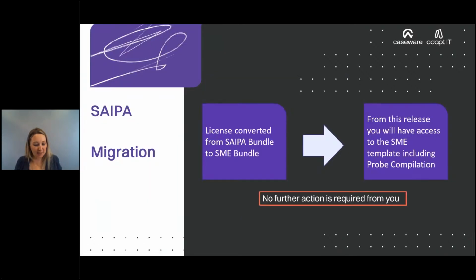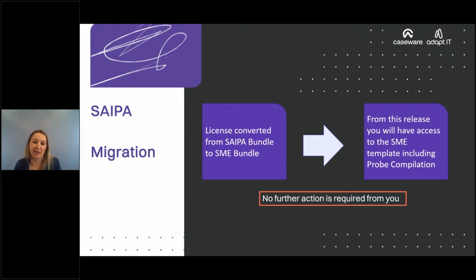Right, then SAPA specific. So SAPA, if you are a SAPA user, we are migrating all the SAPA users to our SME products. So what has happened, you would have received an email to say that your license be converted from a SAPA bundle to an SME bundle. From this release, you will have access to the SME template, including Probe compilation.